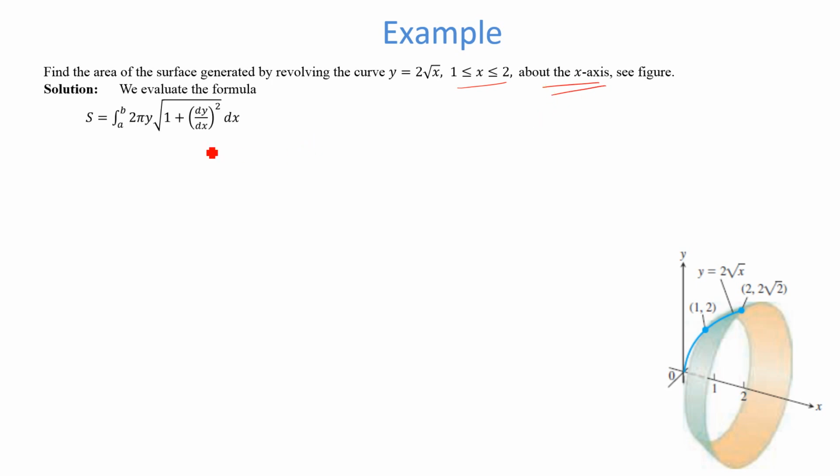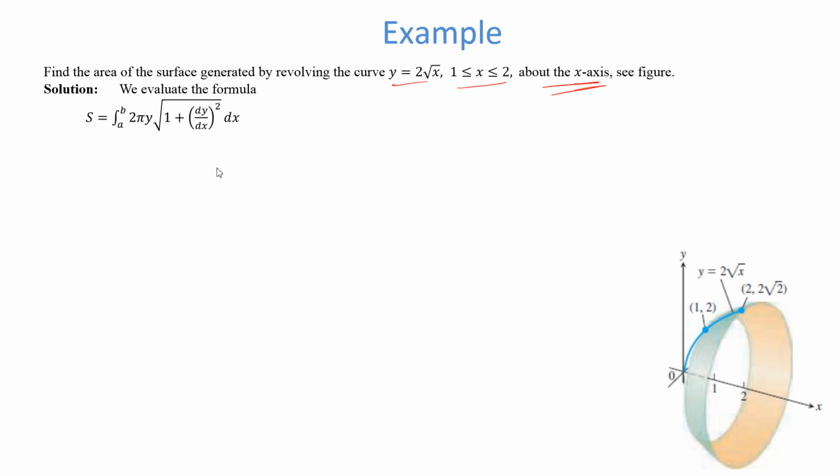So we just learned the formula for the surface area. This is equal to the integral from a to b of 2 pi y square root of 1 plus dy by dx squared. Now in this case y is f(x) and the axis of revolution is the x-axis, so we are going to use this formula.